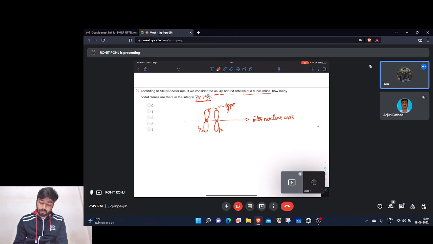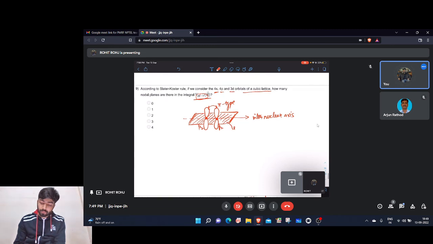So there exists a plane. This plane does not have any electron density, and it also contains the internuclear axis. So we call it a nodal plane. And we cannot find any other plane which contains the internuclear axis.